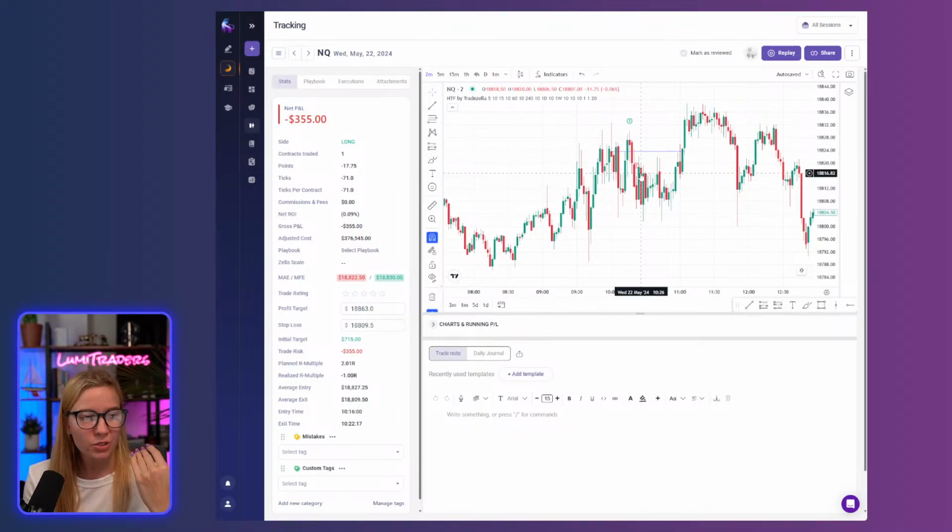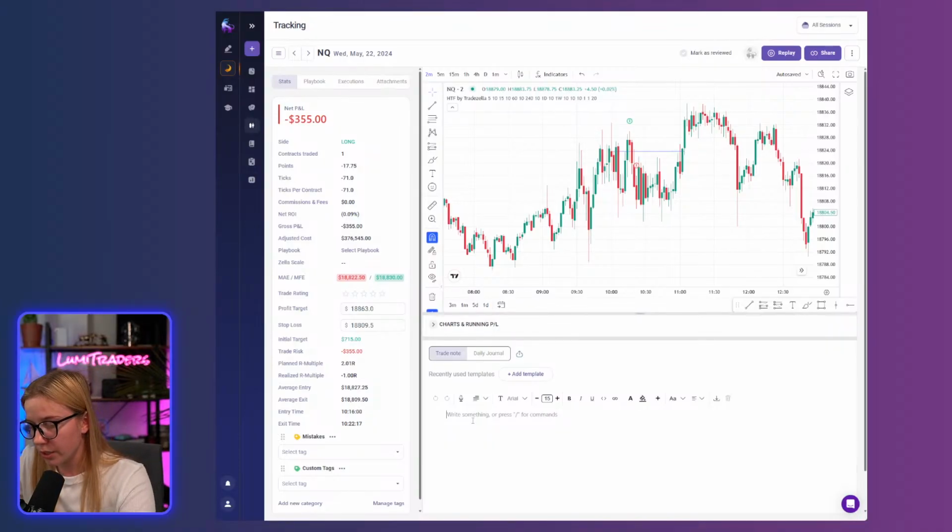I would say pretty much time distortion, exactly as we got today. So I'm going to make a note: try to stay away from looking for setups inside time distortion. Probably it's going to save me from this loss next time.